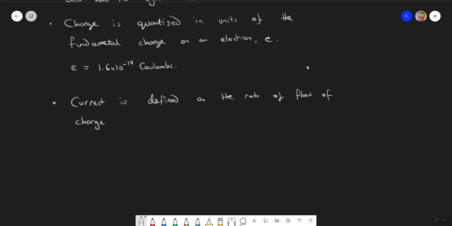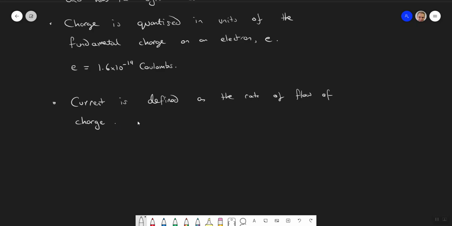If you lob a metal rod from one side of the room to another, you haven't created a current. But if you rub a polythene rod and transfer a load of electrons to it, and then you throw that rod, that's a current. You've moved some charge from one place to the other.